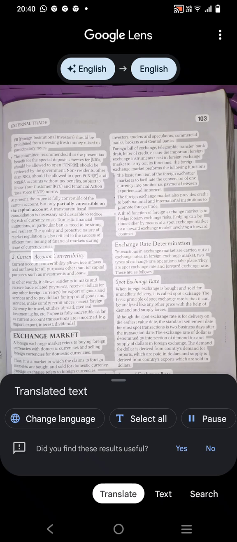2. Current account convertibility. Current account convertibility allows free inflows and outflows for all purposes other than for capital purposes such as investments and loans.